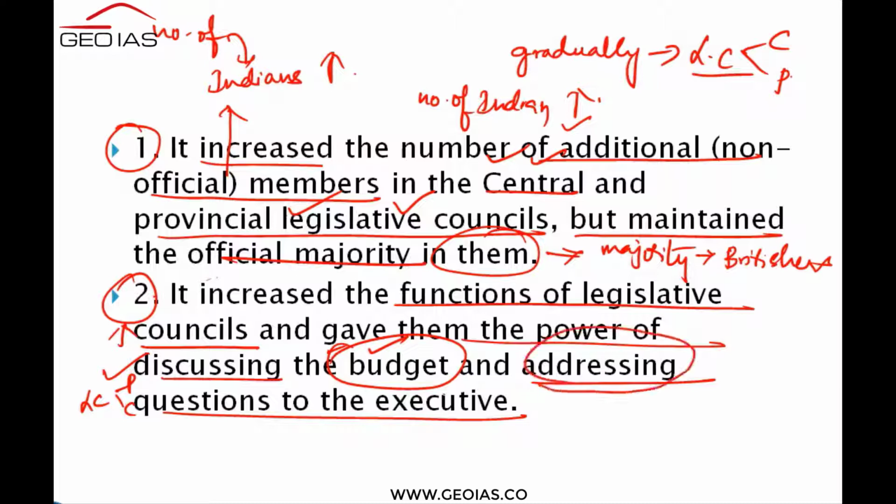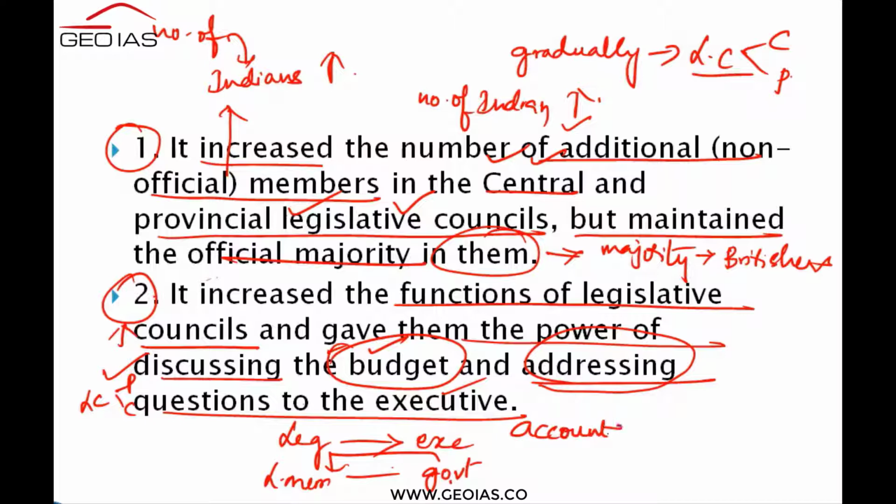So legislative members are asking questions to the government. So the government is accountable to this legislature. Accountability has been started through this act. A little amount of accountability of the government to the legislative members has been started. So the executive is being accountable to the legislature from now.